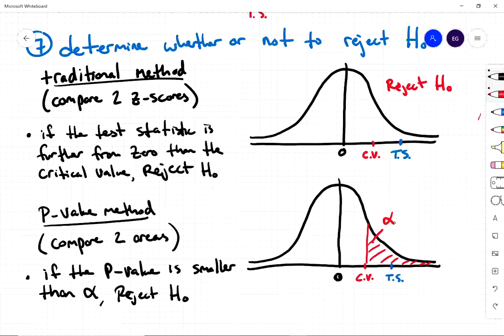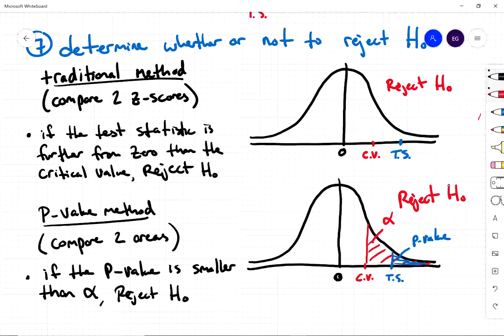That's the significance. And the area outside the test statistic, that's this blue area, that's the p-value. So if the test statistic is farther away than the critical value, the area is going to be smaller. So in that case, we also reject the null hypothesis. Okay? And if the p-value is bigger than alpha, we fail to reject.